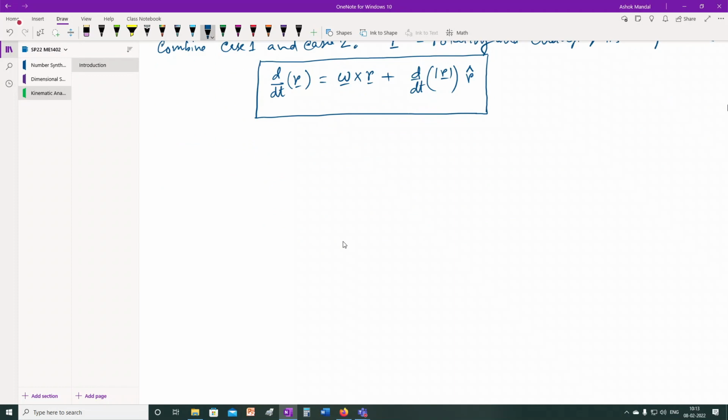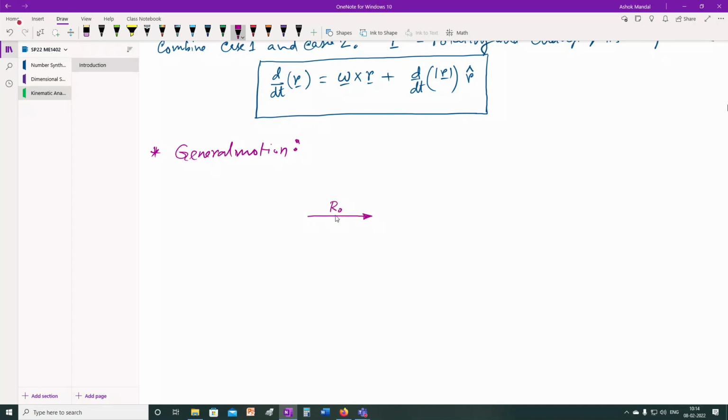Okay, now we will take a general motion. So general, any particle or any object which is moving, its motion can be represented like this. Suppose there is a vector R. This vector R is a not rotating vector.